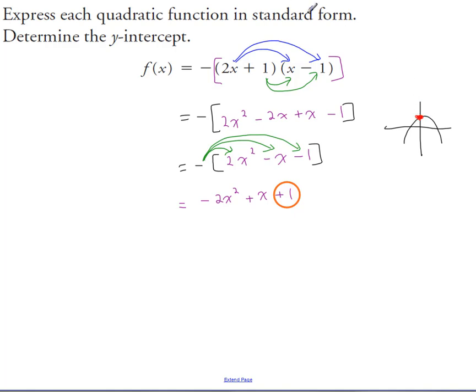And so in my standard form, f of x equals ax squared plus bx plus c. This one is always going to be my y-intercept. Because if I plug in a 0 for x, all of those are going to disappear, and all I'll be left with is this number on the end. So that's going to be my y-intercept right there.